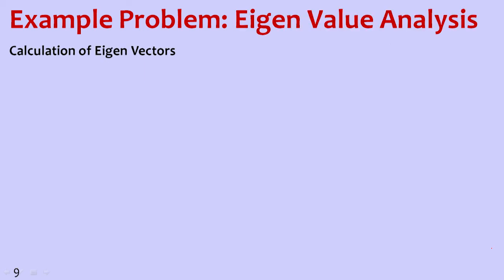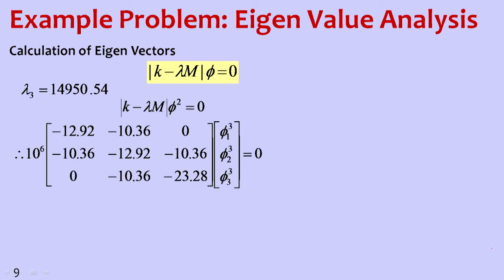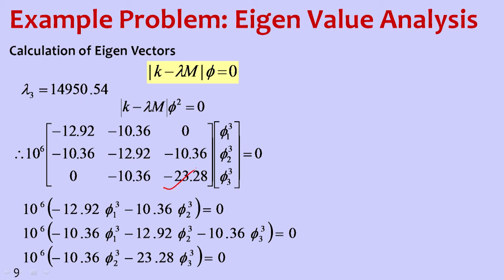Now the same way, when we go for the third calculation, we get the 2 matrix. Multiplication of this 2 matrix will lead us to 3 equations where we have 3 unknowns.